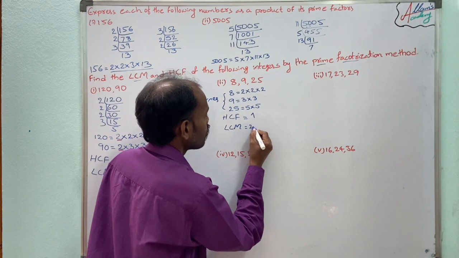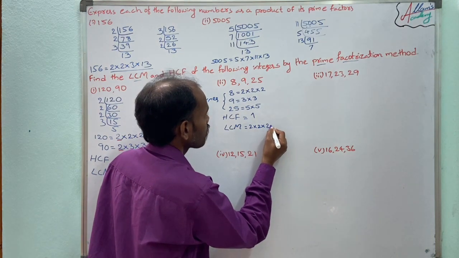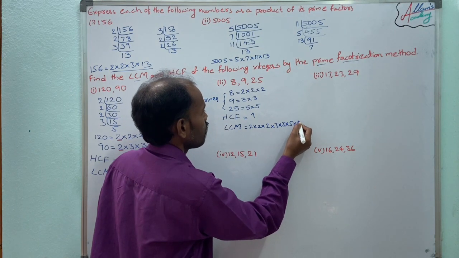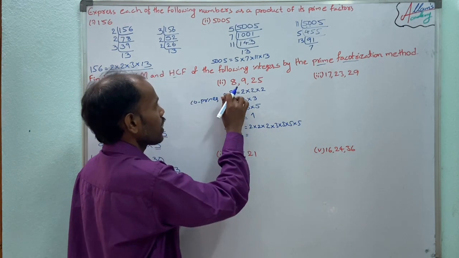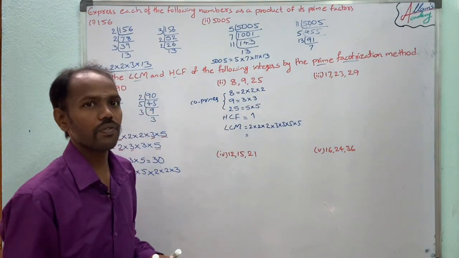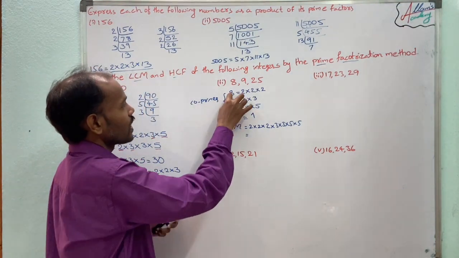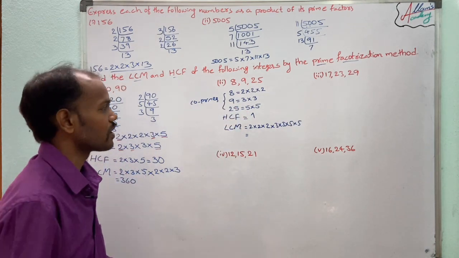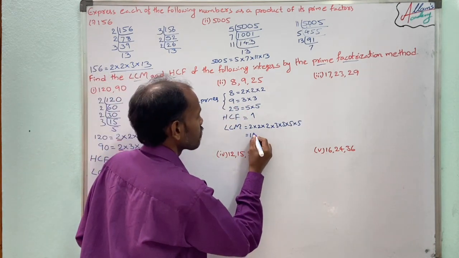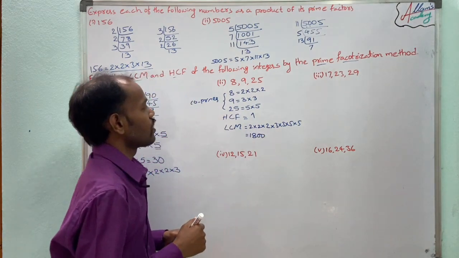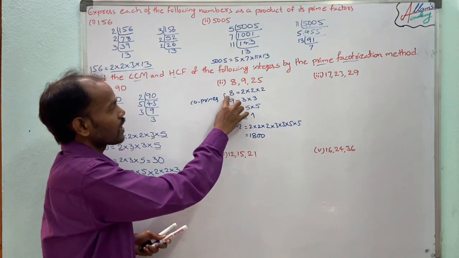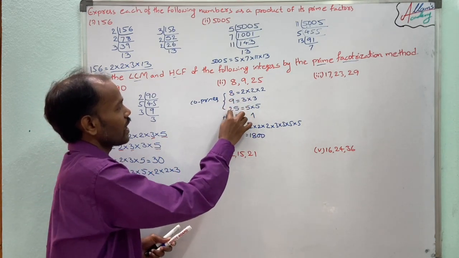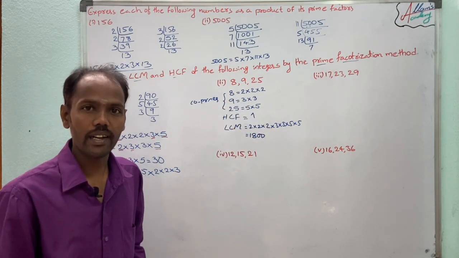So 2 into 2 into 2 into 3 into 3 into 5 into 5, that is nothing but 8 into 9 into 25. 25 8s are 200, 200 into 9 is 1800. So LCM of 8, 9, 25 is 1800, and HCF of 8, 9 and 25 is 1.